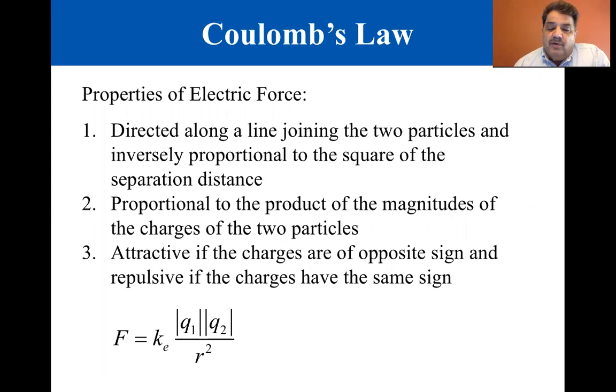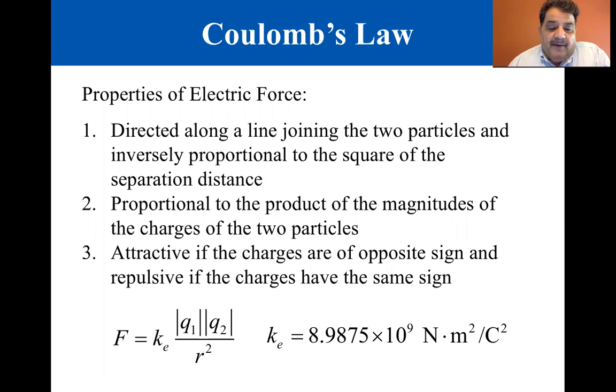The value of the Coulomb constant depends on the choice of units. The SI unit of charge is the coulomb, capital C. From experiment, we know that the Coulomb constant in SI units has the value given here. For this class, we will use either 2 or 3 significant digits as usual.